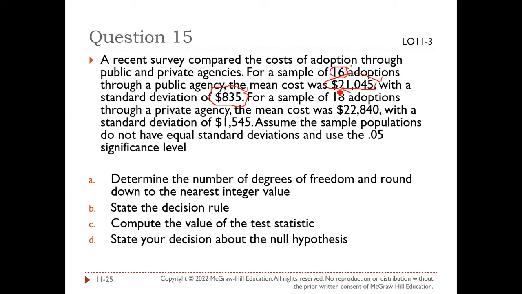For a sample of 18, which is 2, adoptions through a private agency, the mean cost is $22,840, with a standard deviation of 1,545. Assume the sample populations do not have equal standard deviations and use the 0.05 significance level.